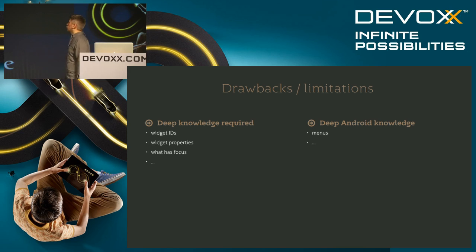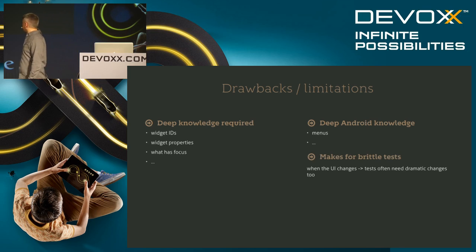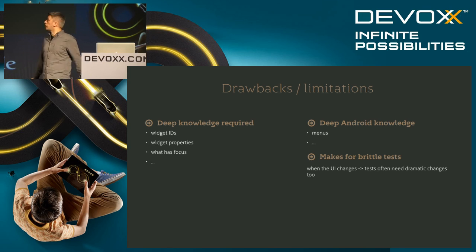So it's not super helpful. And because you need to couple it to certain IDs, when you start doing heavy refactorings of your application, it will quite often mean you need refactorings of your tests too, because they are quite tightly coupled.